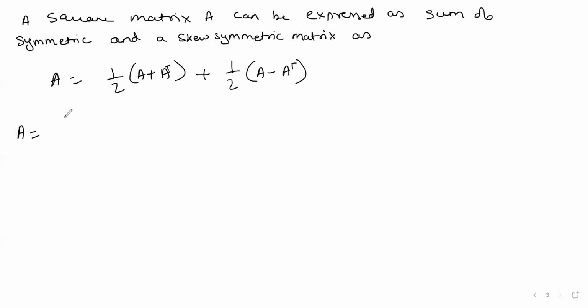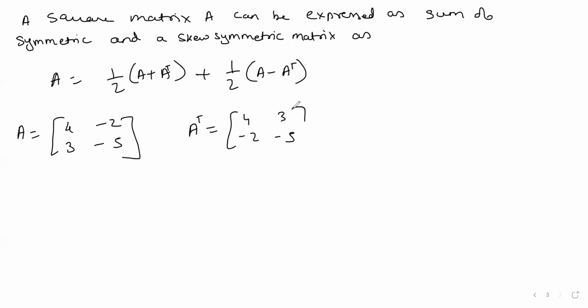So in the 11th sum, the first sum is a 2 by 2 square matrix. So it is 4, minus 2, 3, minus 5. What is A transpose? 4, minus 2, 3, minus 5.